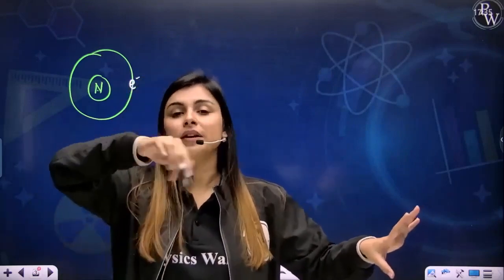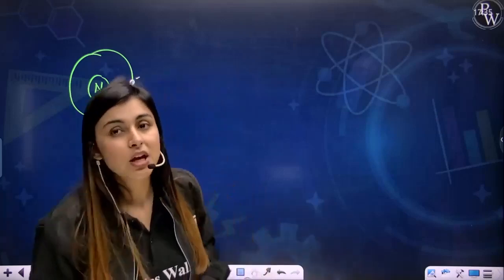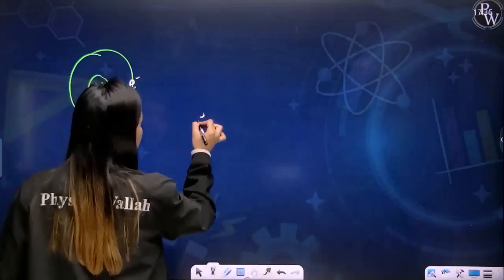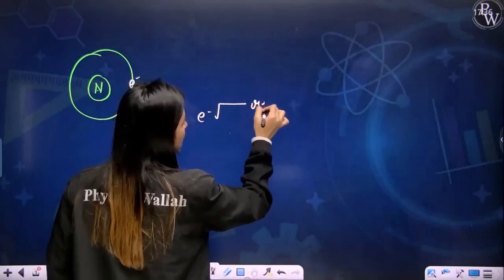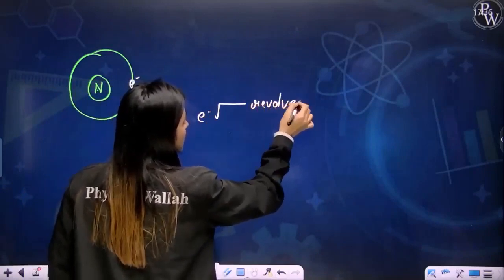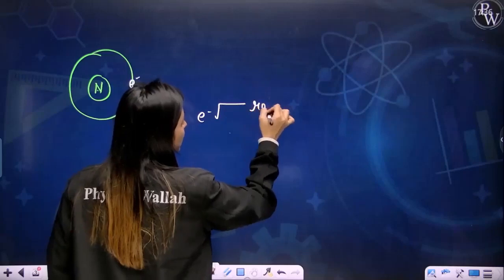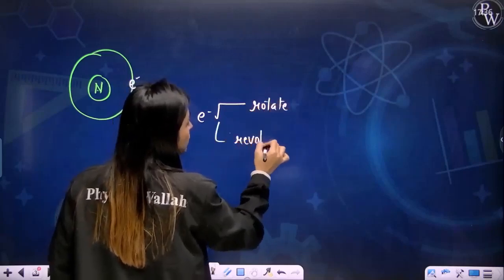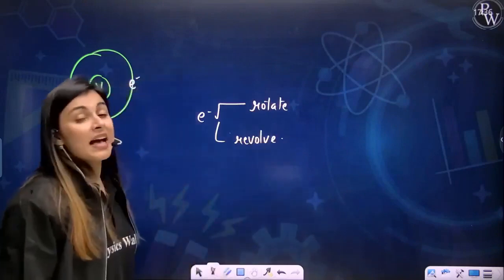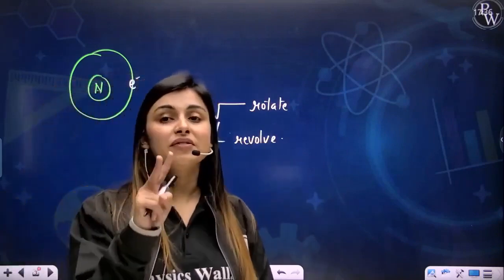But this doesn't happen. Why? Because it opposes that attraction by rotating around its own axis. So I can say that your electron can rotate and revolve.